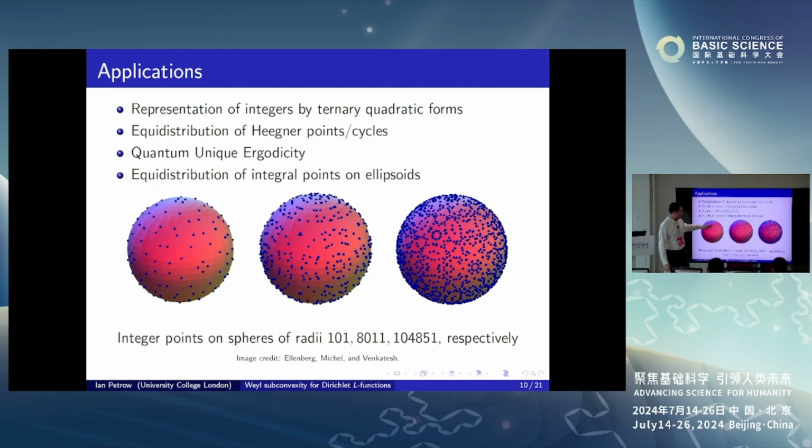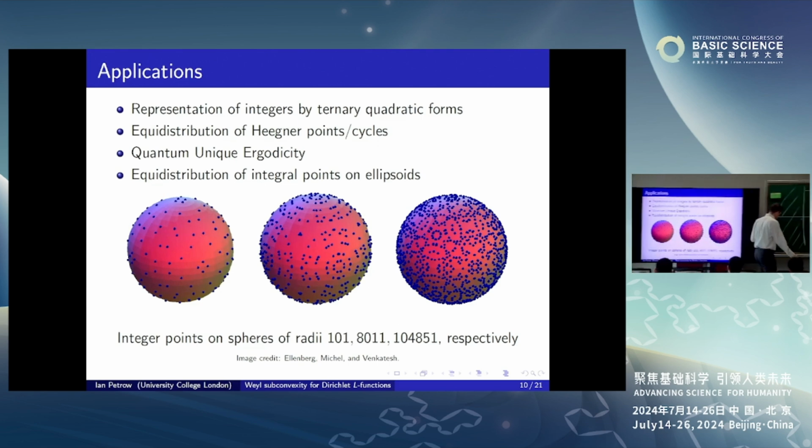The blue points are all the integer points lying on those spheres, scaled back down to unit size so you can compare them, and you can see you're not getting any scarring where all the integer points lie on the equator or something like that. The integer points really cover the entire sphere in the limit. So that's a theorem of Duke.